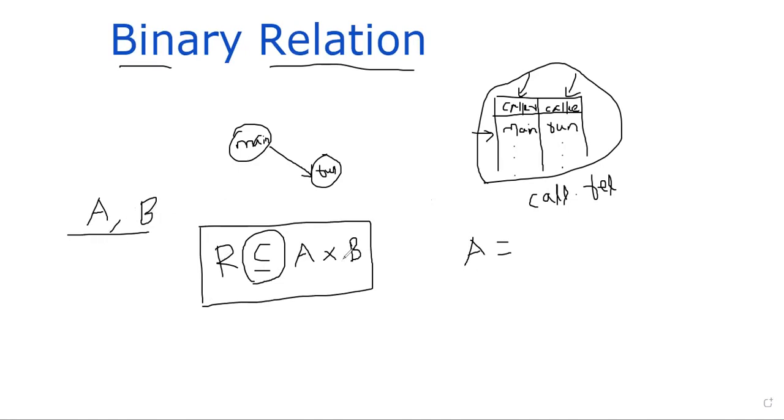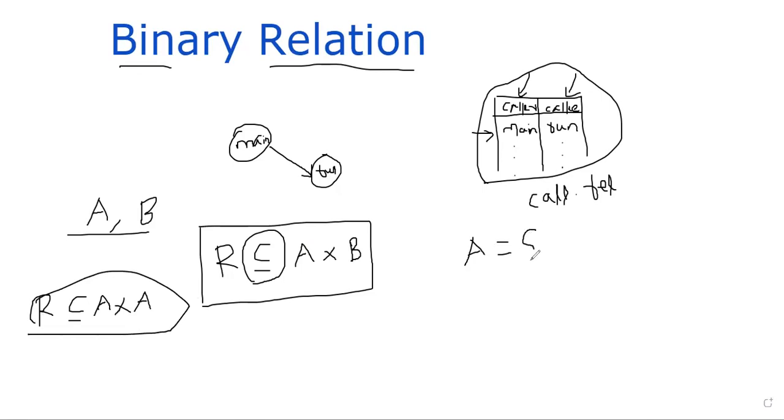That means my definition of R will be: R is some relation which is a subset of A times A. This is also a binary relation. The only difference is B and A are the same now. Let's take this as an example and work out a scenario.